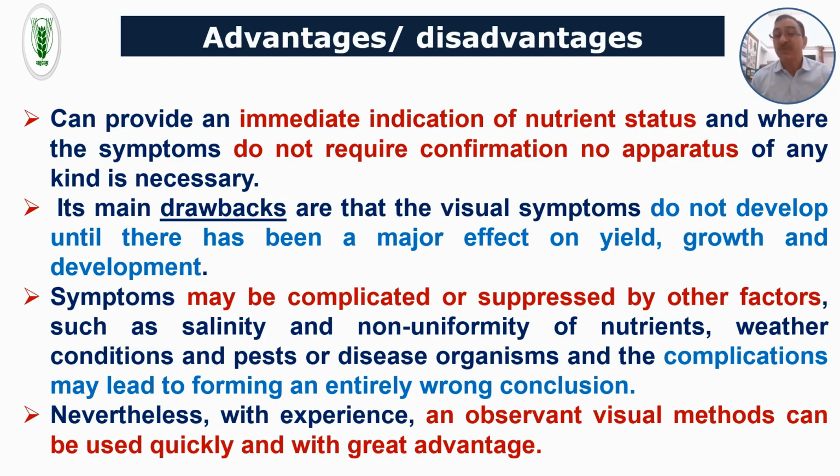Sometimes symptoms may be complicated or suppressed by other factors also, and these complications may lead to forming an entirely wrong conclusion. Nevertheless, with experience, an observant visual method can be used quickly with great advantage.